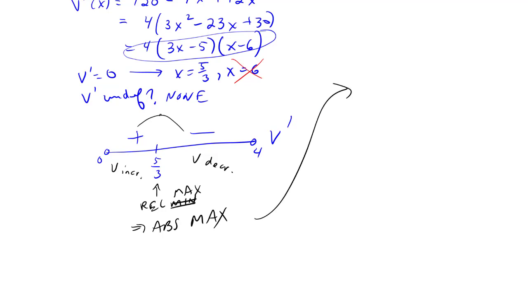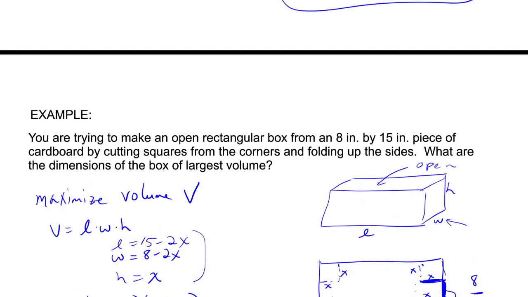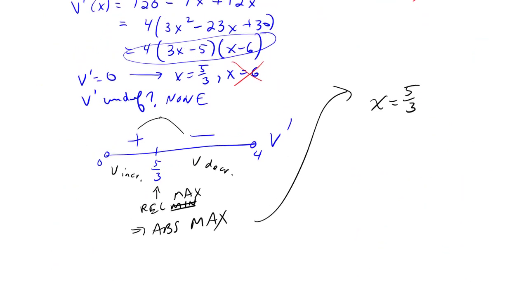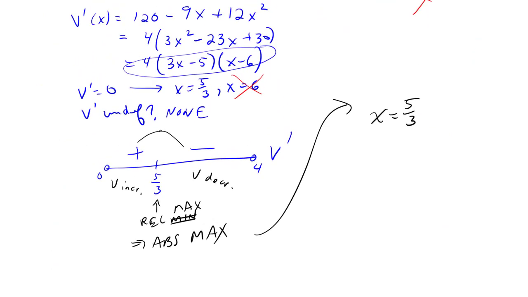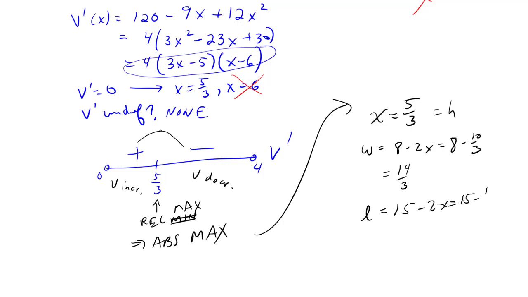So what I found was that I should take x to be 5/3, and then what were we asking for? What are the dimensions of the box of largest volume? So that was the height. The width was 8 minus 2x, or in other words, 8 minus 10/3, which is going to be 14/3. And the length was 15 minus 2x, or 15 minus 10/3.